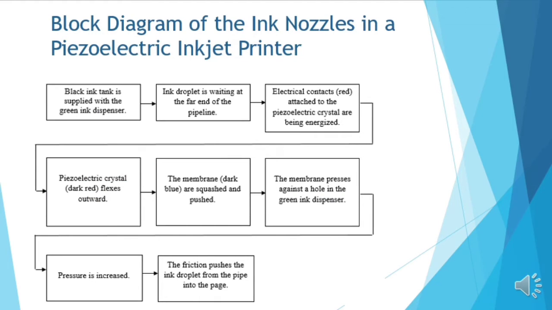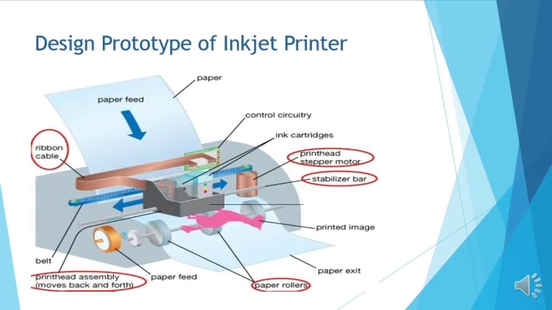This is the summarization of how the inkjet printer works. The last one, we will see the design prototype of the inkjet printer, where it has various parts that have their own function, and there are two parts in this prototype.